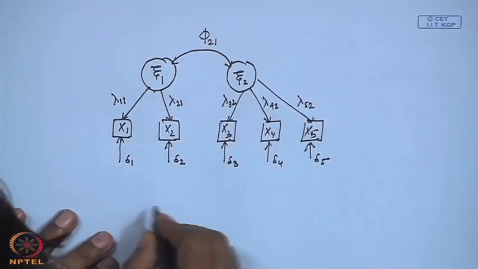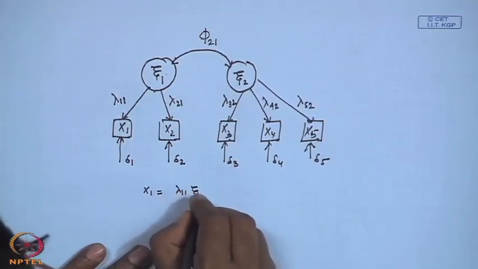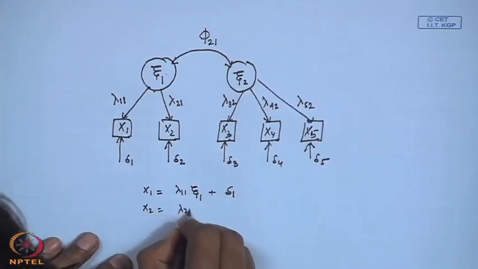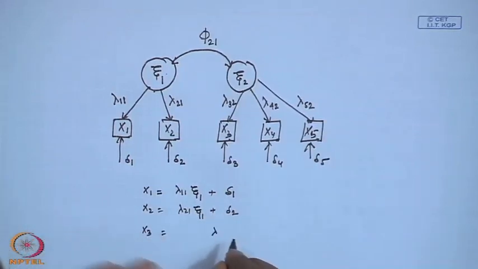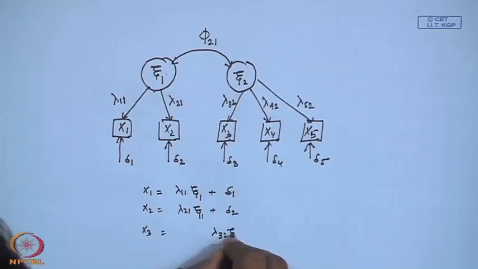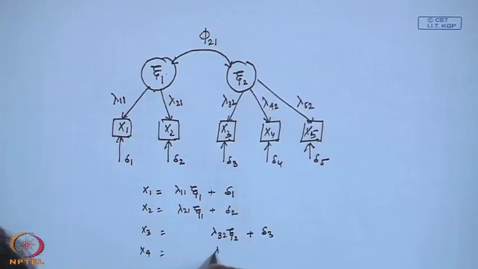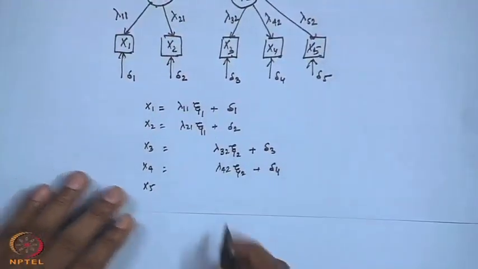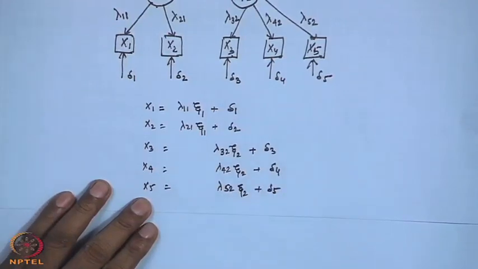We have written this in this manner: x1 equal to lambda 1 1 xi1 plus delta 1, x2 equal to lambda 2 1 xi1 plus delta 2, x3 equal to lambda 3 2 xi2 plus delta 3, x4 equal to lambda 4 2 xi2 plus delta 4, x5 equal to lambda 5 2 xi2 plus delta 5.